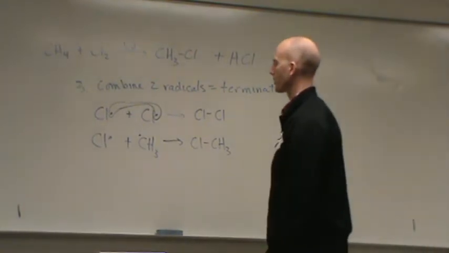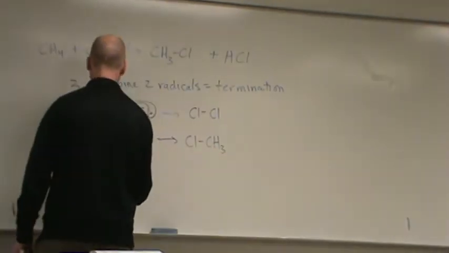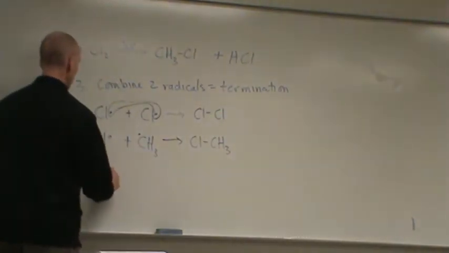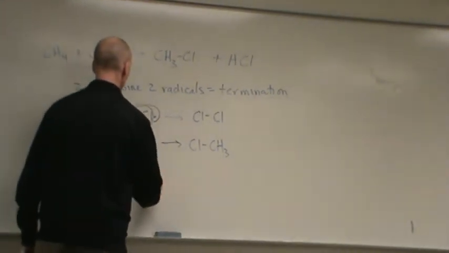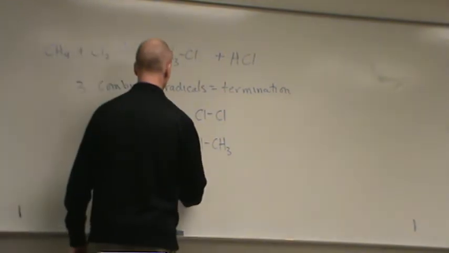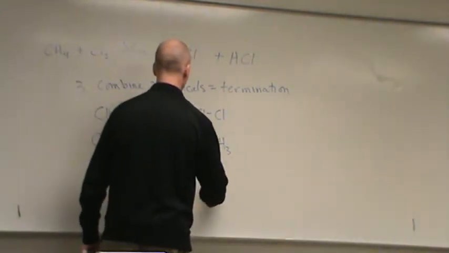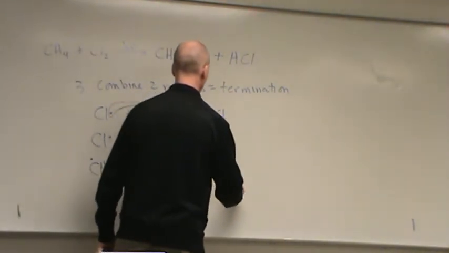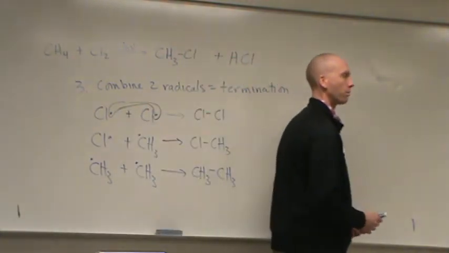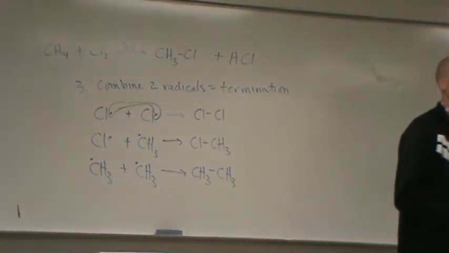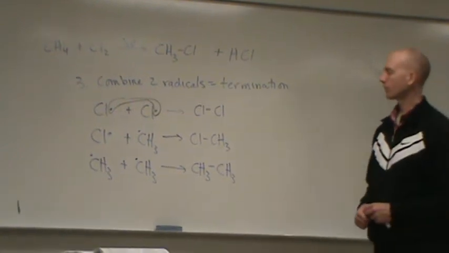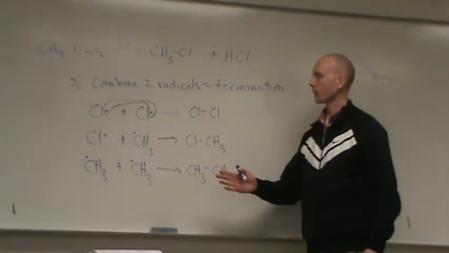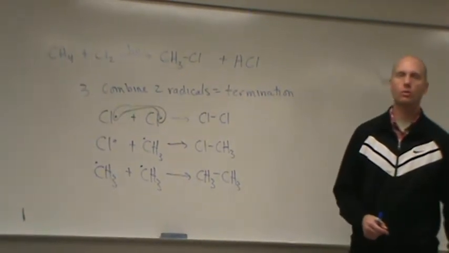Then lastly, what other two radicals? Two CH3s. So we can have two methyl radicals coming together again. These are our different combinations of termination.